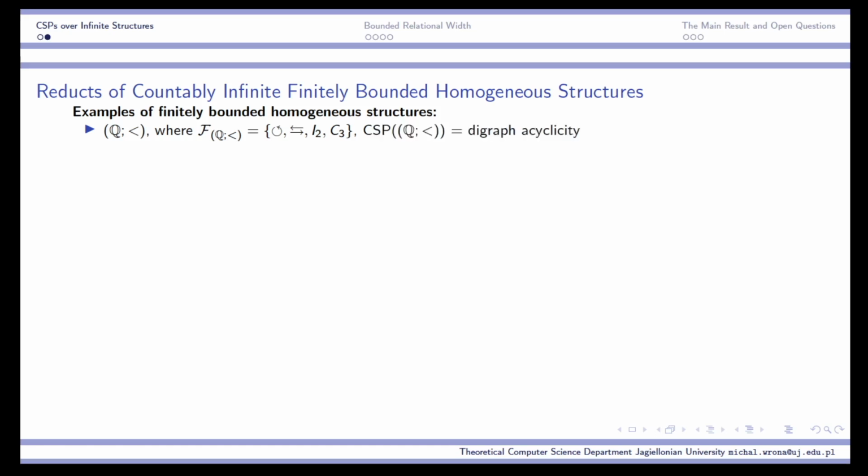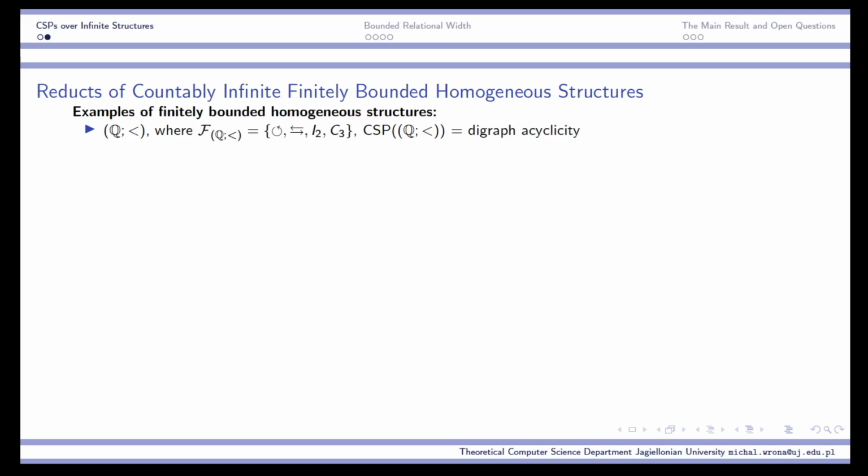So the CSP for Q with the order is digraph acyclicity, and this is a problem that cannot be expressed as a constraint satisfaction problem for finite structures. So this formalism is richer. You can also use it to express some problems in scheduling and temporal and spatial reasoning.